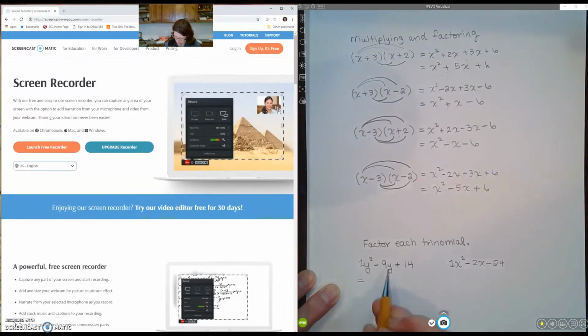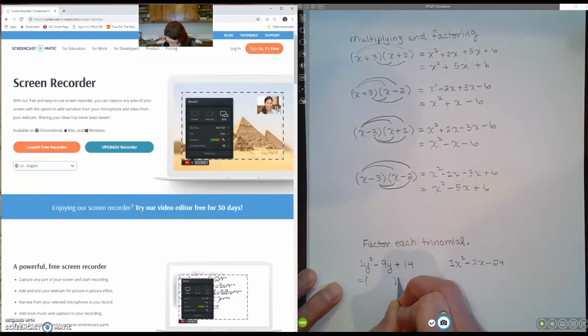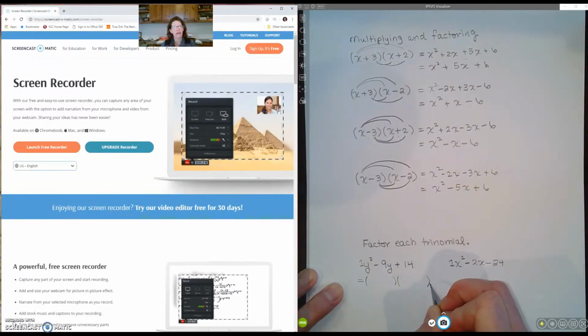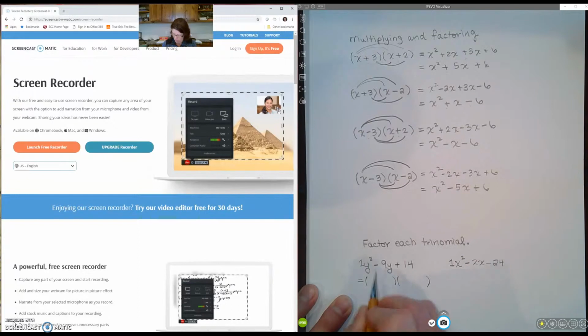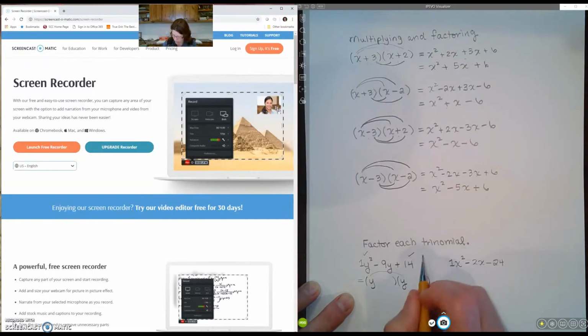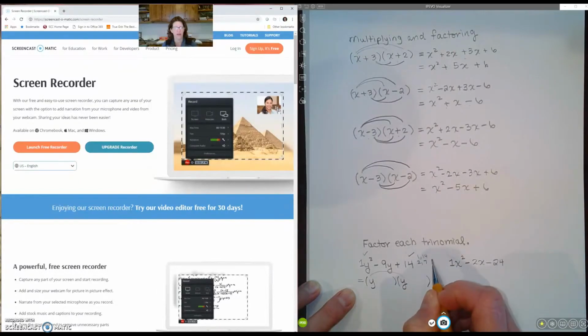So let's consider the trinomial y squared minus 9y plus 14. If it factors, it's going to factor as the product of binomials where up front our variable terms have to each be y, because y times y gives y squared. Now we only have to consider factors of 14. And factors of 14 are 1 and 14 or 2 and 7.